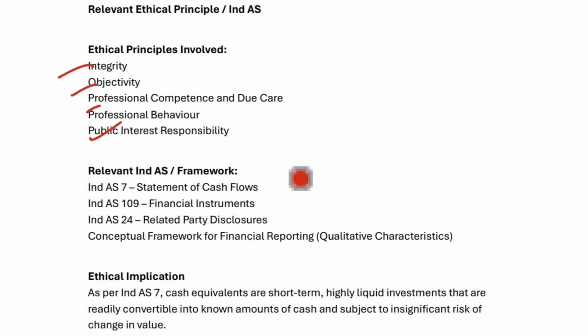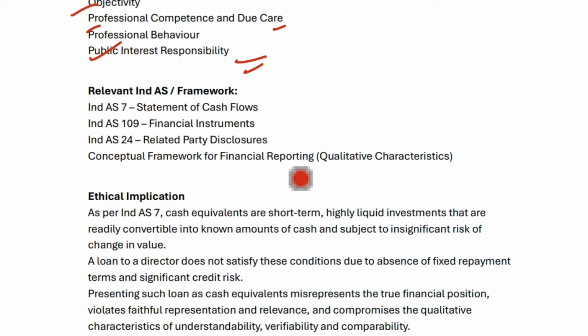Integrity, objectivity, professional competence, and you are not acting in the interest of the public, right? What are the relevant Ind AS going to be attracted? Cash flow, you can easily identify. Why financial instruments? Because it is a loan. You have the right to receive the money, so it will be treated as a financial asset.